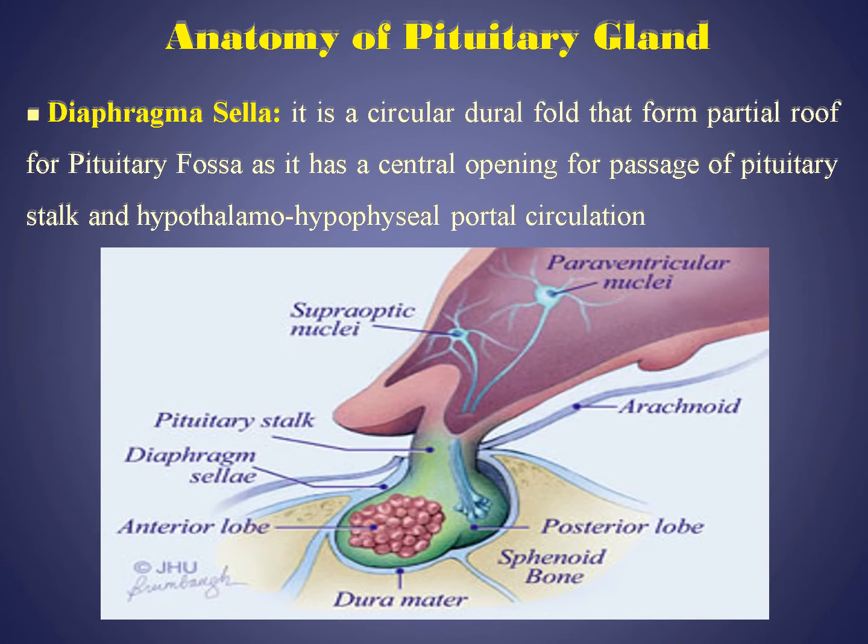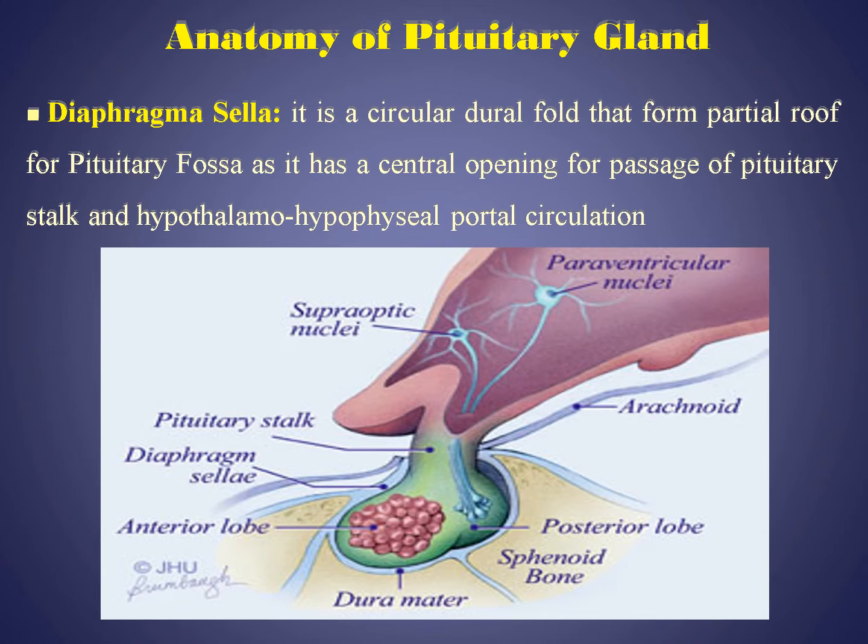While discussing the anatomy of the pituitary gland, we have an important term called diaphragma sellae. Diaphragma sellae is the roof of the pituitary fossa. It's formed of dura mater. Dura mater forms a fold to cover the roof of the pituitary fossa.